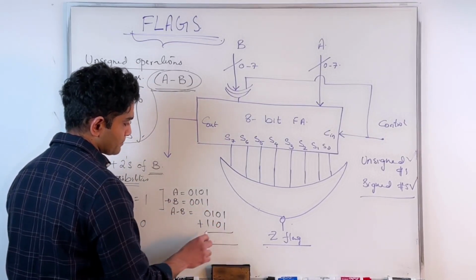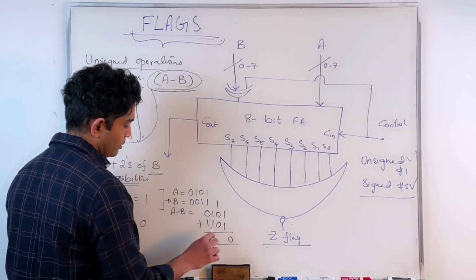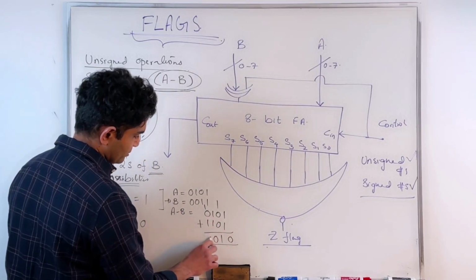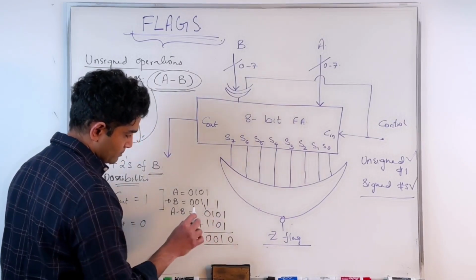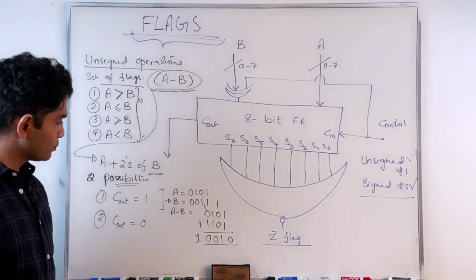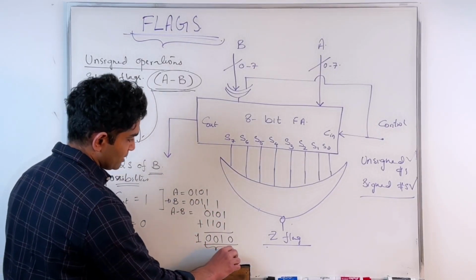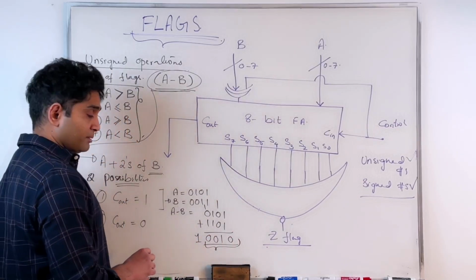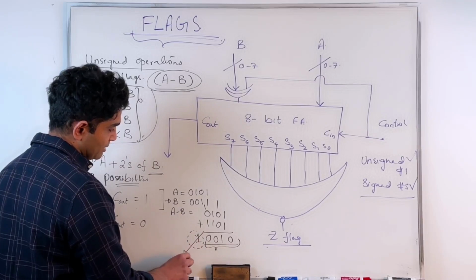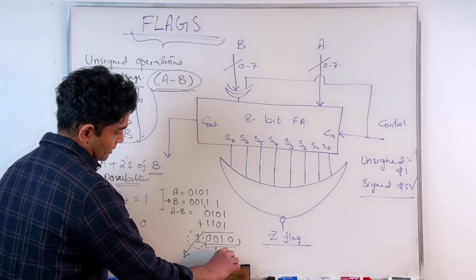I add them. 1 plus 1 is 0, carry 1. Again, A here is 5, B is 3, 5 minus 3 is 2. And remember what we did for the end carry. This is called the end carry. We basically ignore that. That's my result, right?